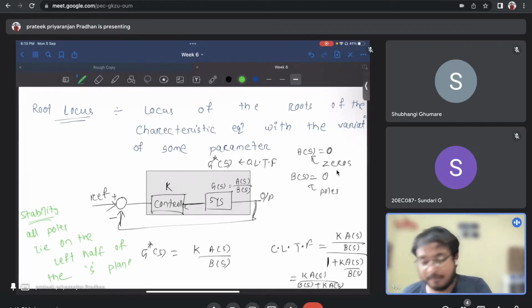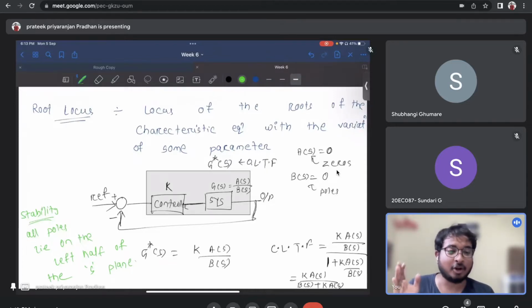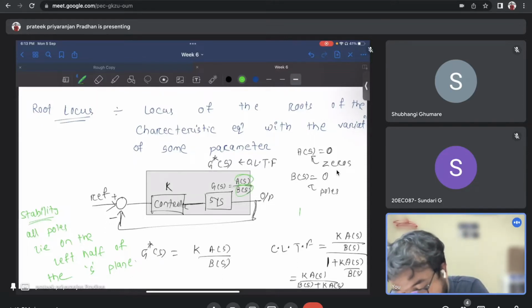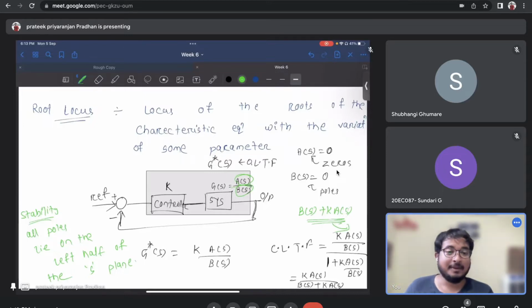If you don't know why this happens, you can watch the lecture series or the live discussion sessions of the past 5 weeks, where I have explained why, for stability, all the poles need to be on the left hand side. So my concern is, I know my open loop A of S and B of S, but how the poles of B of S plus K A of S move is decided by the root locus method.